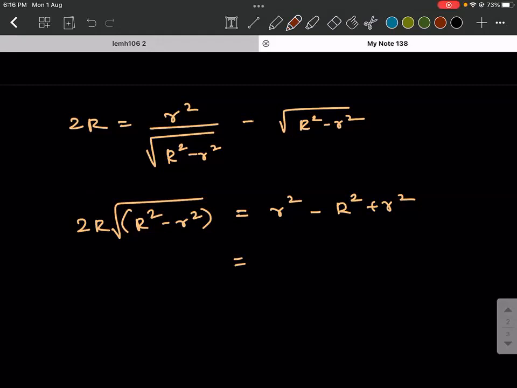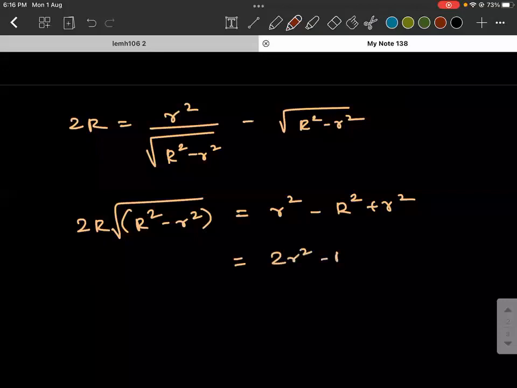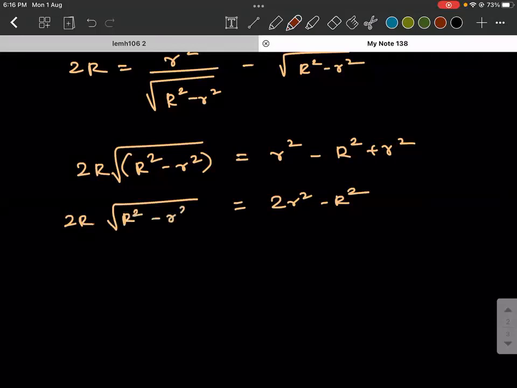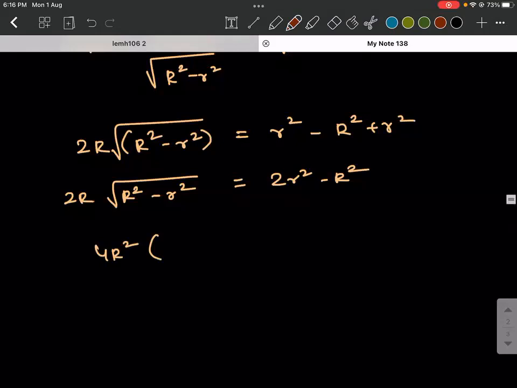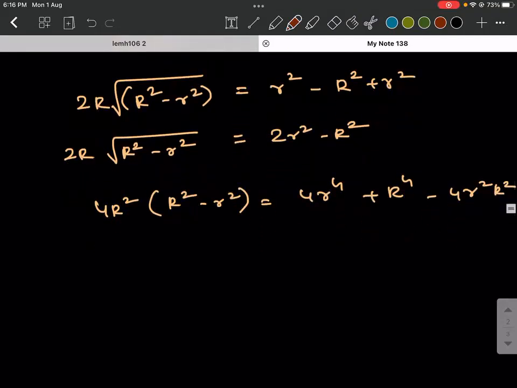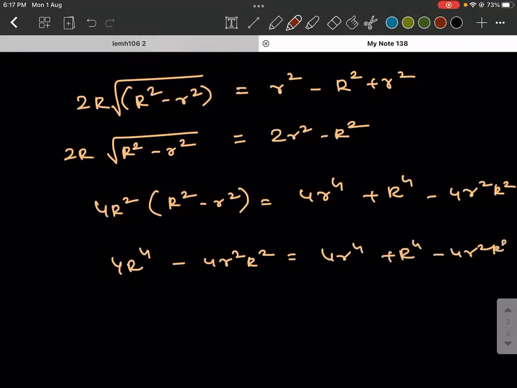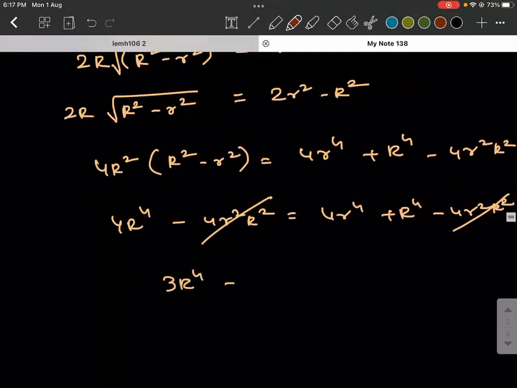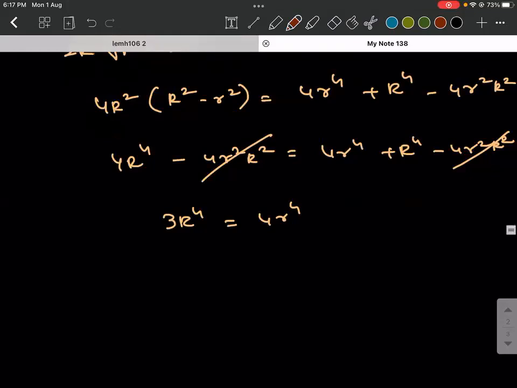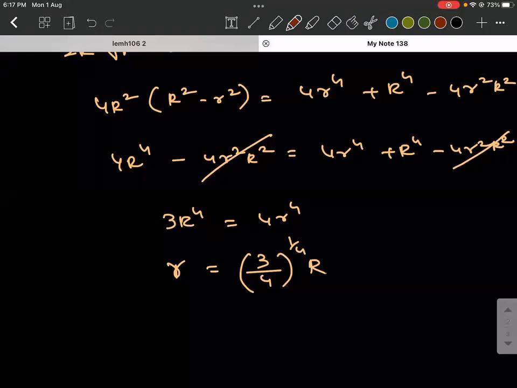It's going very long. So small r is 3 by 4 to the whole power of 1 by 4 into capital R.